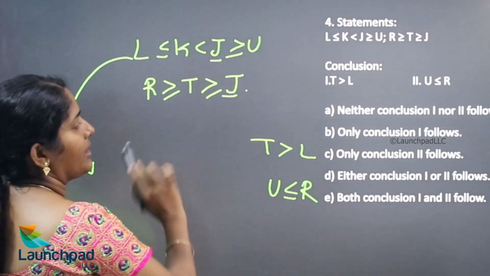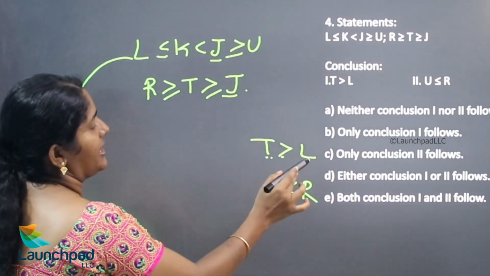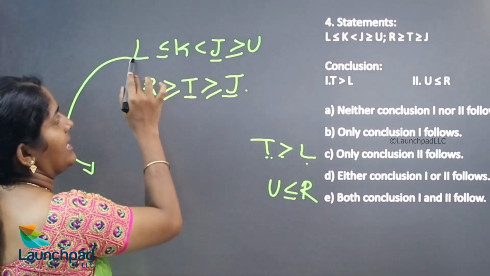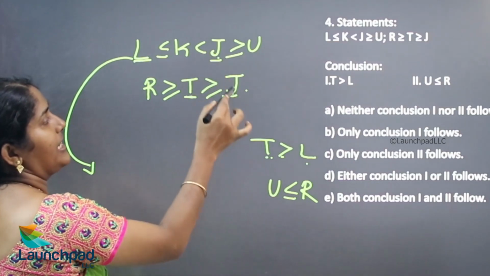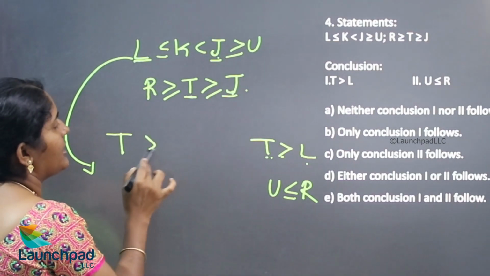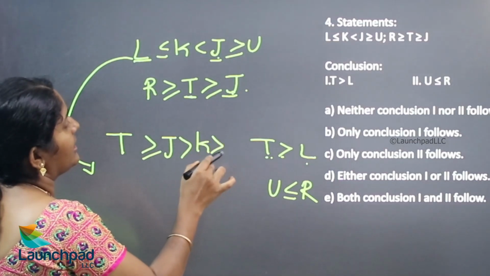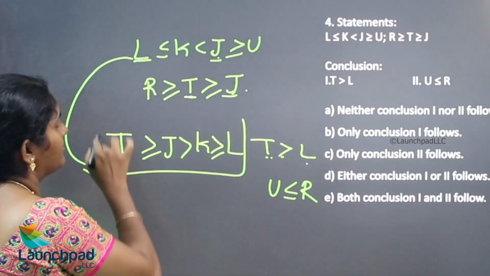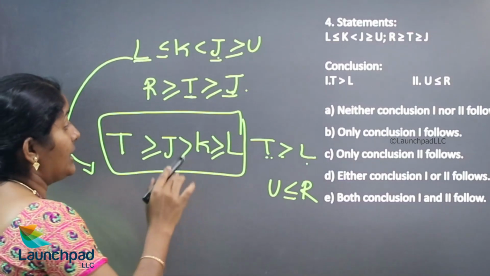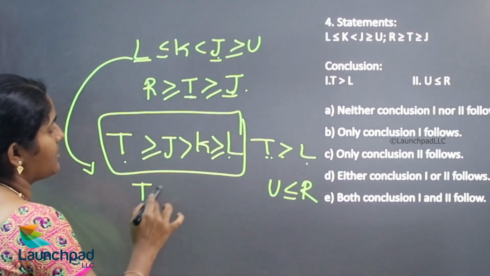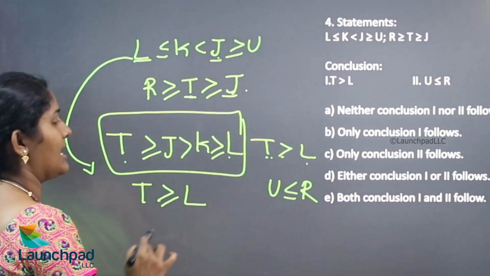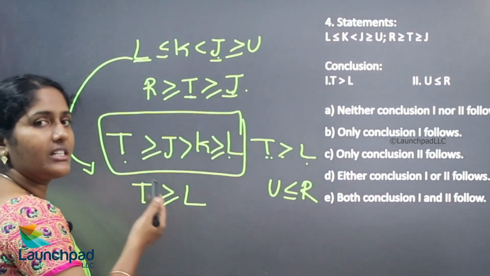J. I want to compare T and L by means of the common letter J. T is greater than or equal to J, J is greater than K, K is greater than or equal to L. Now, T and L, what is the relationship? T is greater than L. Yes, it is correct.